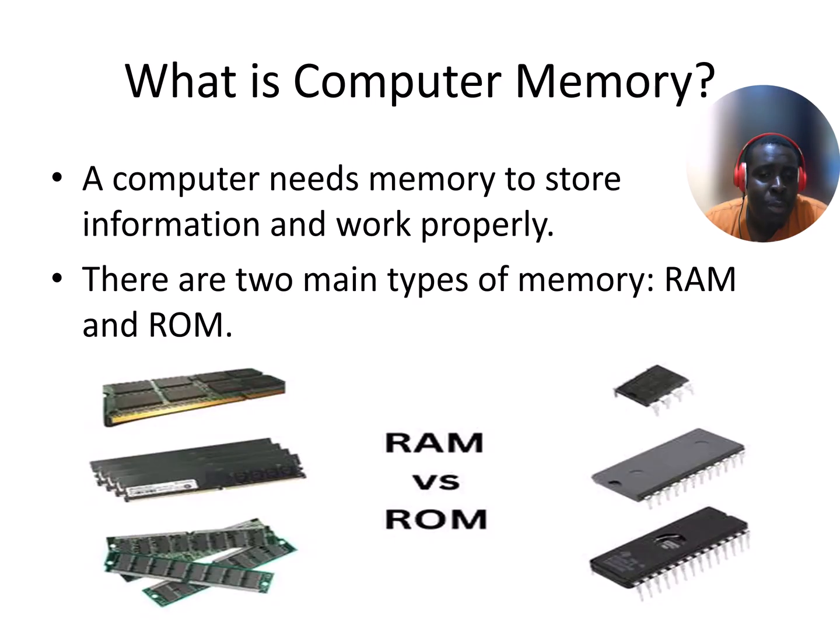Remember, the computer has two main types of memory, that is the RAM and then the ROM. Let's take them one by one and look at them carefully. First, we'll look at the RAM.